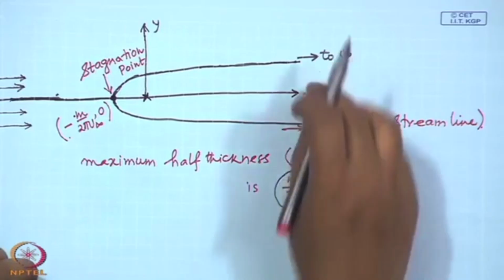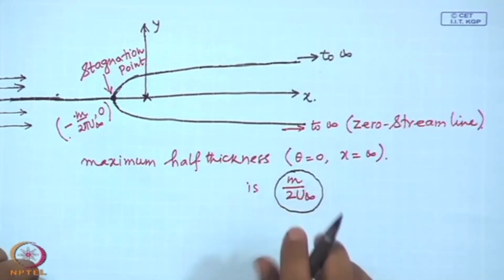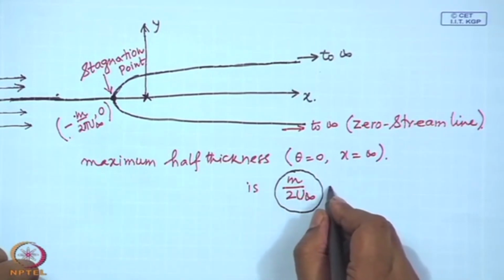So, this is the maximum half thickness, this we will call, say, h.